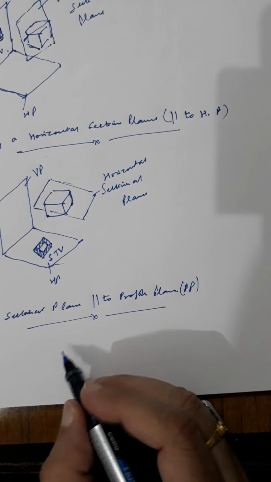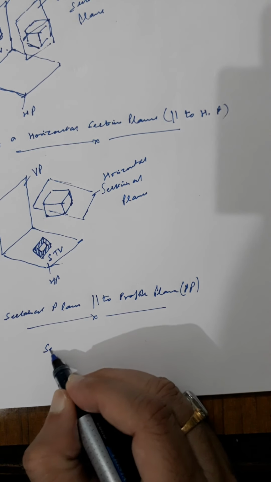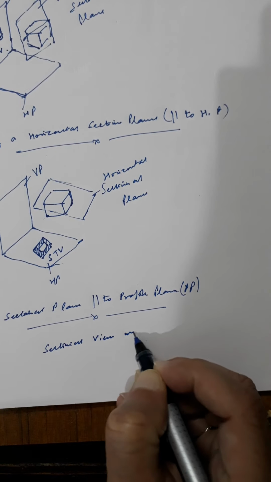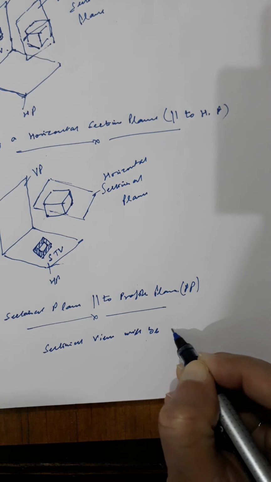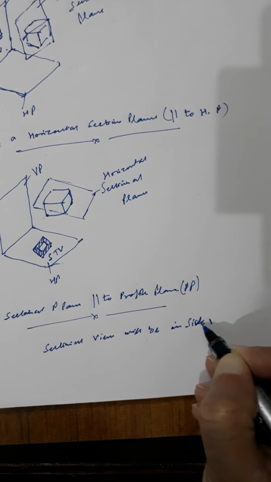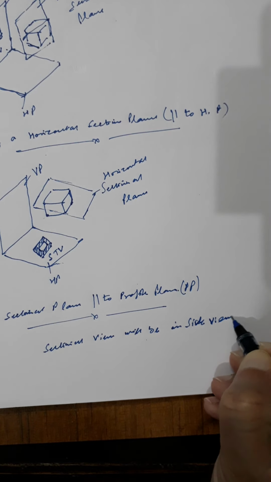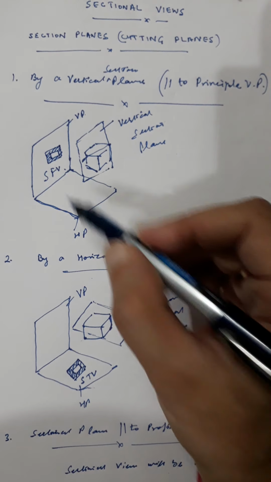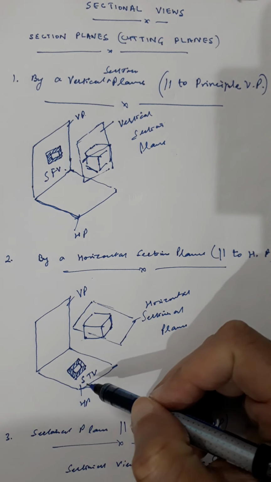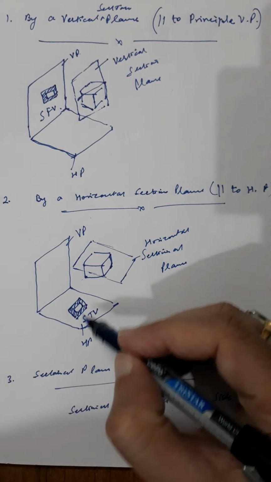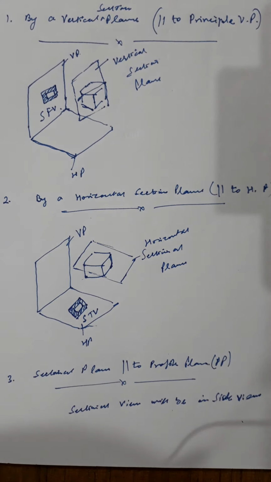In that case, the sectional view will be the side view. Now you can see, in the first case the sectional view is in the front view. In the second case, the sectional view is in the top view, whereas in the third case, the sectional view will be in the side view. But we will be concentrating on these two, front view and top view.